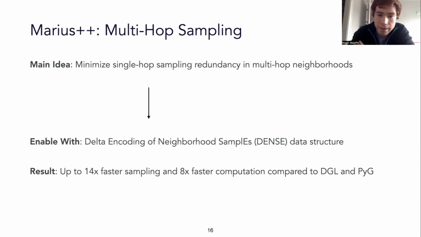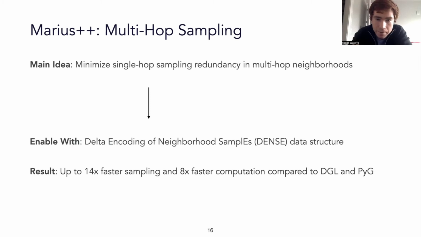So with this in mind, a simple idea for more efficient mini-batch preparation and processing in Marius++ is to minimize the single-hop sampling redundancy while constructing these multi-hop neighborhoods for GNN mini-batch training. But of course, in order to do this, you need some way to track which nodes require sampling at each frontier. And we need an efficient way to construct, store, and process the resulting multi-hop neighborhoods.